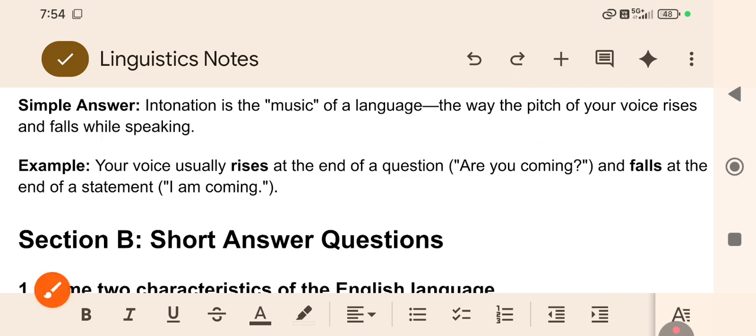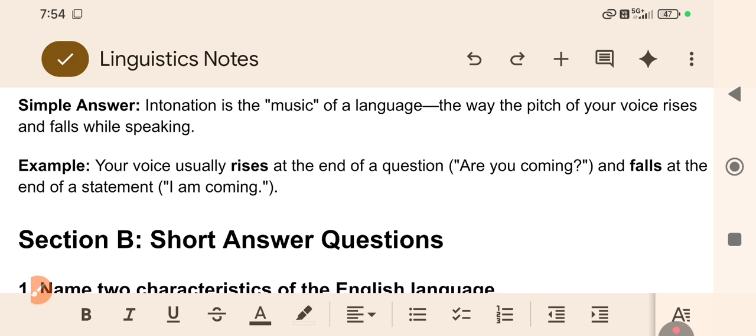So what comes under intonation? Stress, tone, and pitch. These are the three ingredients of intonation. So please keep in mind, whenever you write about intonation, you can write about all these three.